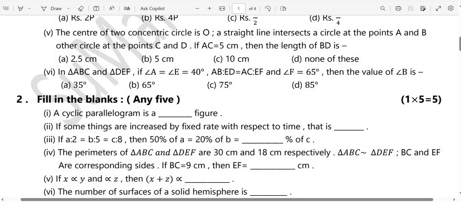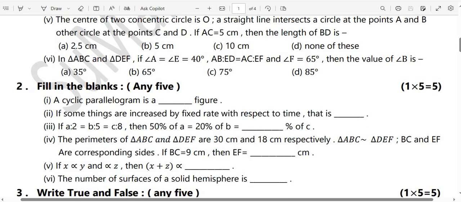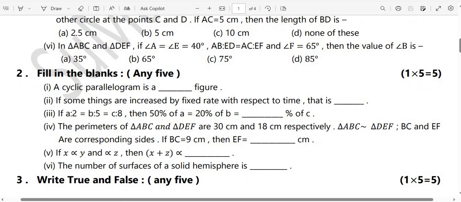Question number 3. If A by 2 is equal to B by 5 is equal to C by 8, then 50% of A is equal to 20% of B is equal to dash percent of C. Question number 4. The perimeters of triangle ABC and triangle DEF are 37 and 87 respectively.